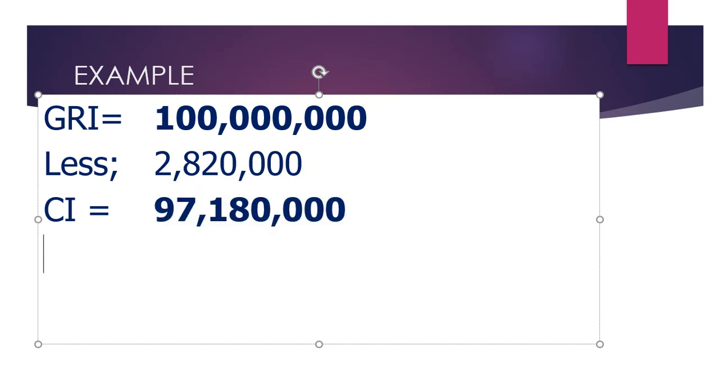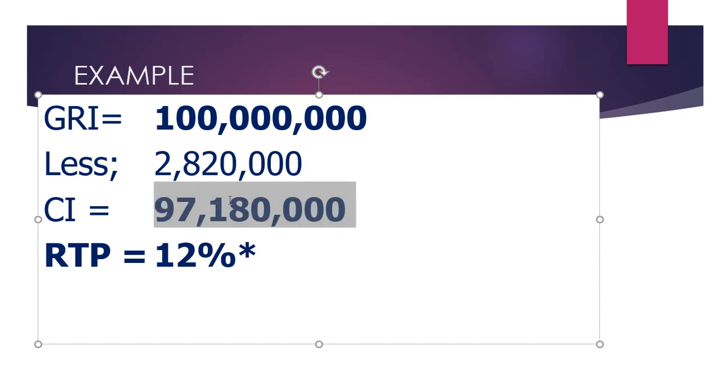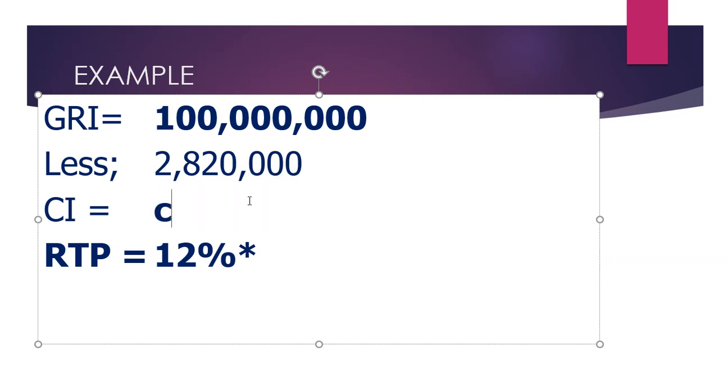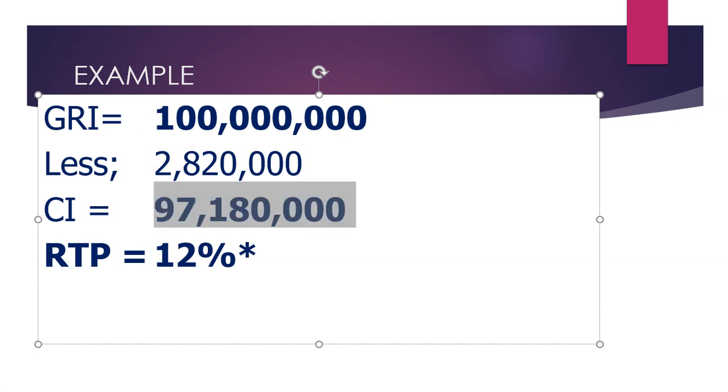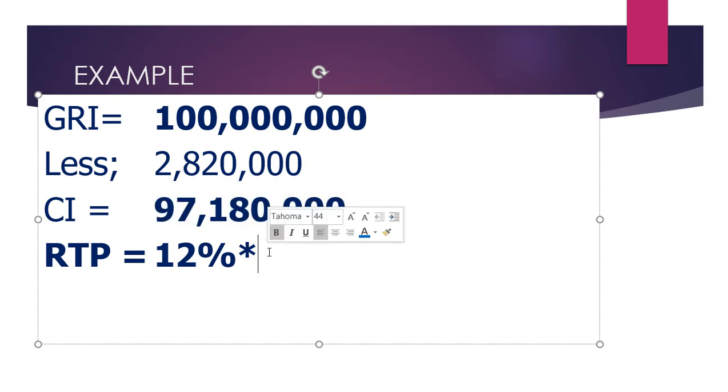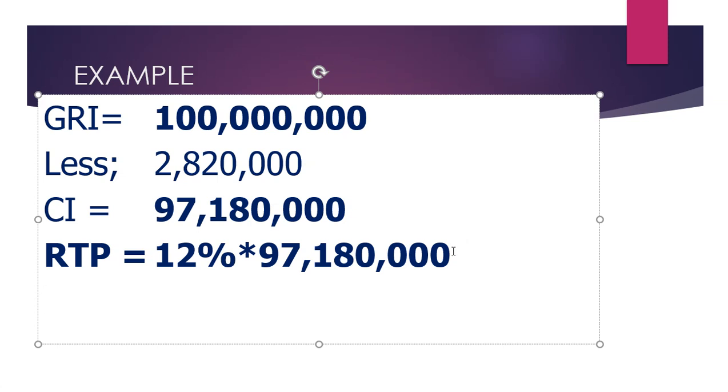So now the rental tax payable will be 7% times the chargeable income here. Let us work it out.